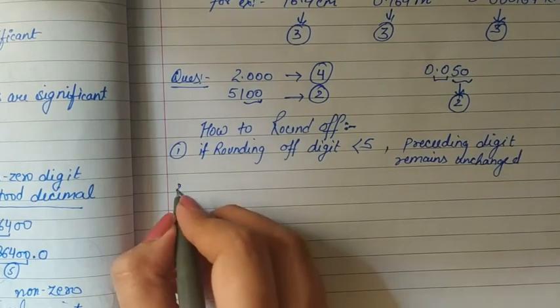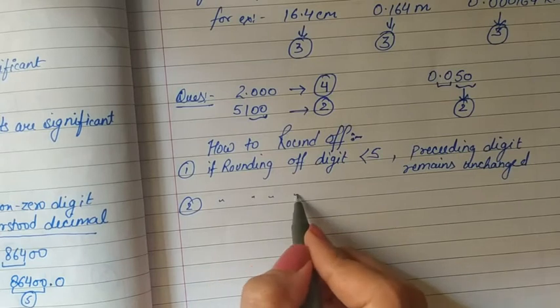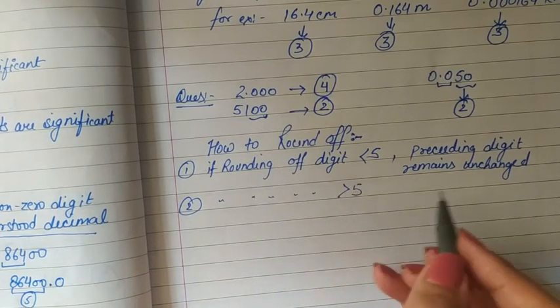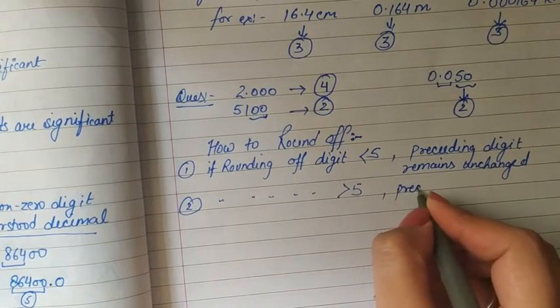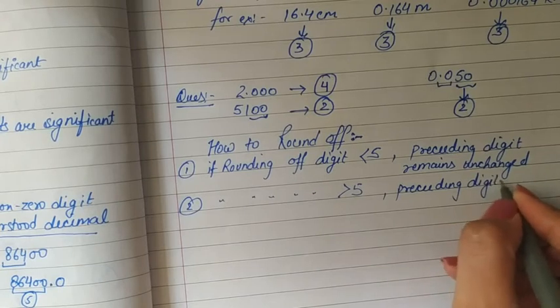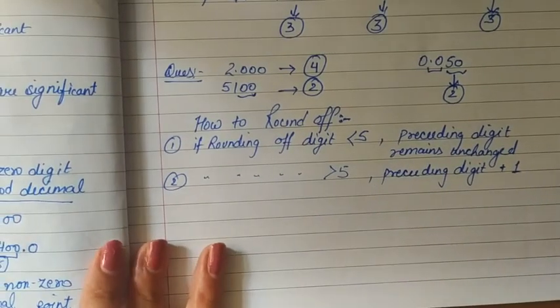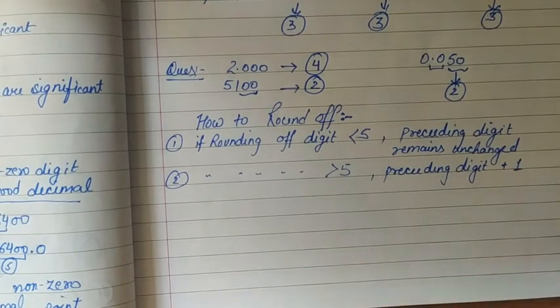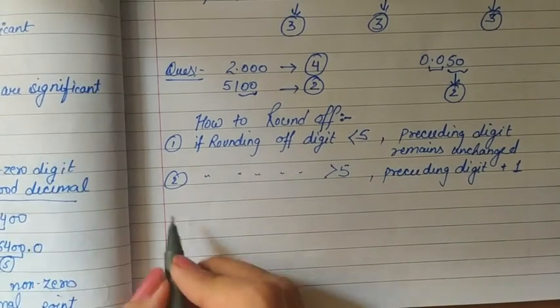But if the rounding digit is greater than 5, then the preceding digit must be increased by 1. So if it is less than 5, we leave it as it is, and if the digit we are rounding off is greater than 5, then we add 1 to the preceding digit.